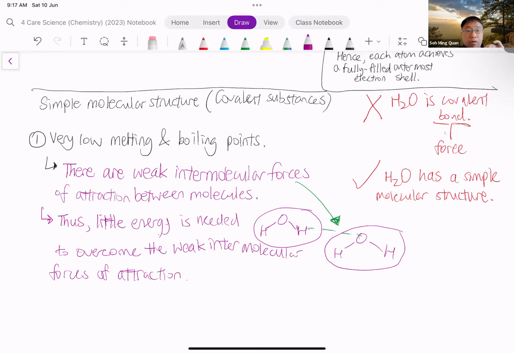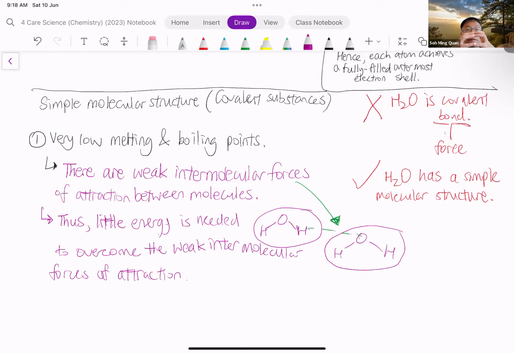Okay, if you need little energy to overcome the weak intermolecular forces of attraction, this means that you don't need so much heat energy. So don't need to heat it up so much to a high temperature. Even at a low temperature, there is sufficient energy to overcome the weak intermolecular forces of attraction. All right.